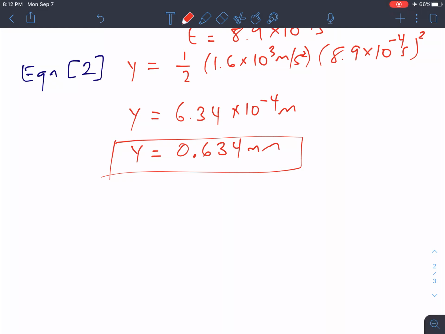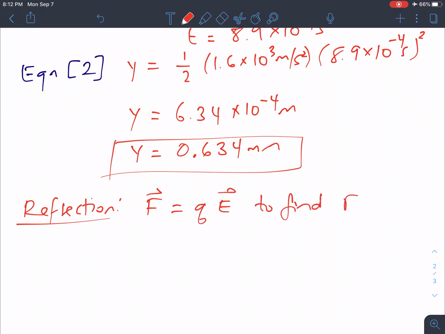One more thing that we need to do is to think about reflection. The point charge was given a uniform field in this problem, and what we did was use the electric field to find the force. We used F is equal to QE to find F using the given electric field.